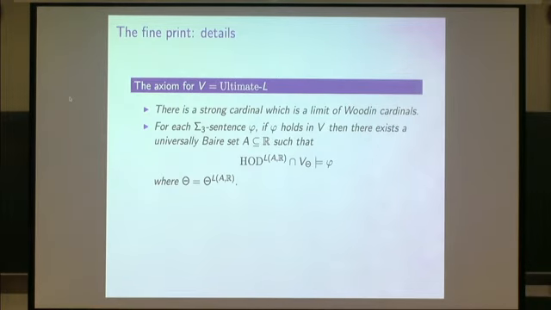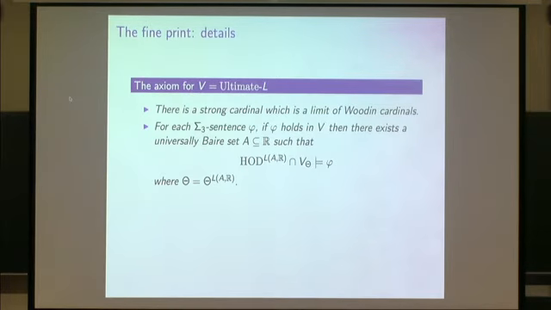That's the iterated definable cumulative hierarchy, but built over A. You throw in A at the bottom, and then you do the transfinite iteration of the definable power set. Then in that class, you compute HOD, and then you cut it down to an ordinal, and that's supposed to reflect the truth of phi. What's theta? Theta is a ZF measure of the size of the continuum. It's the supremum of the ordinals onto which you can map the reals.